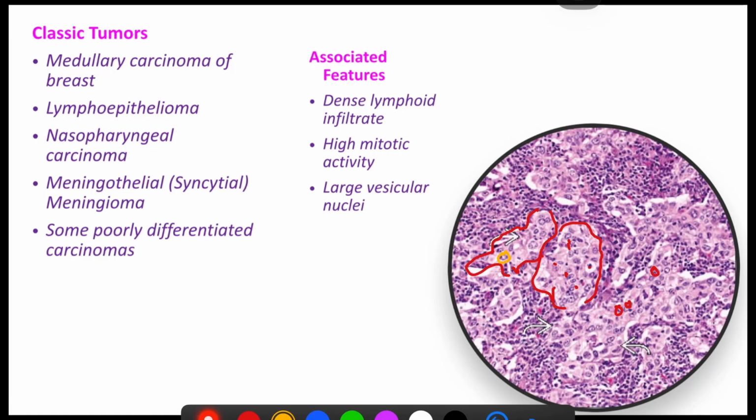In this syncytium you can also identify lymphoid infiltrate, with many lymphocytes in between the syncytial sheets.